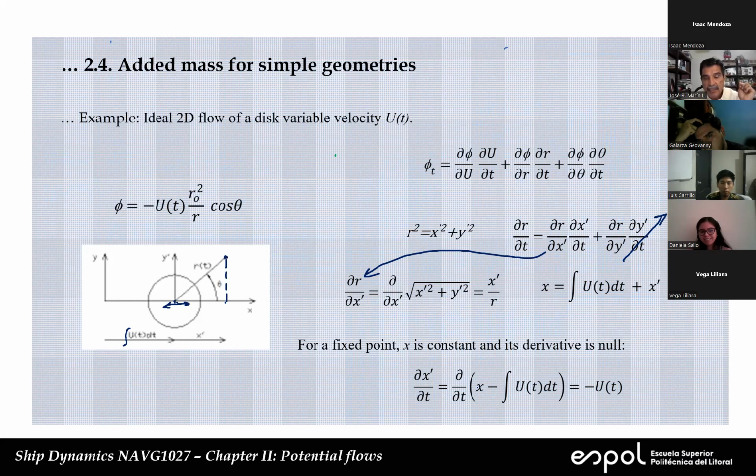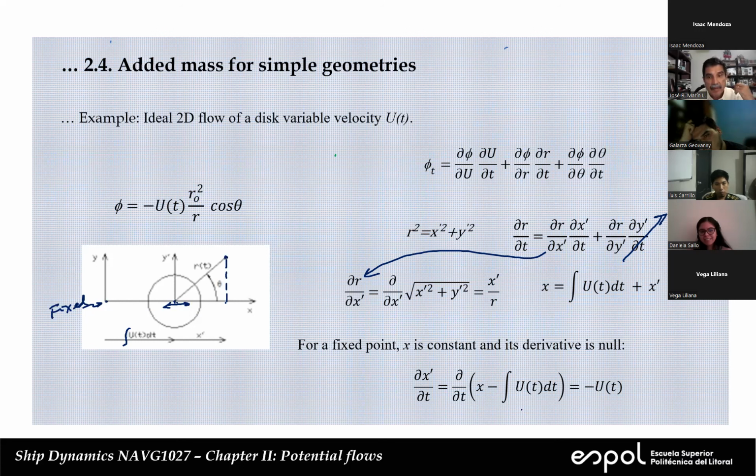And since x is constant, x is measured from this, and this is fixed. The system which is moving is this one, not this one. This is fixed. So x, the combination of these two, is constant. So the derivative of the first term is 0.